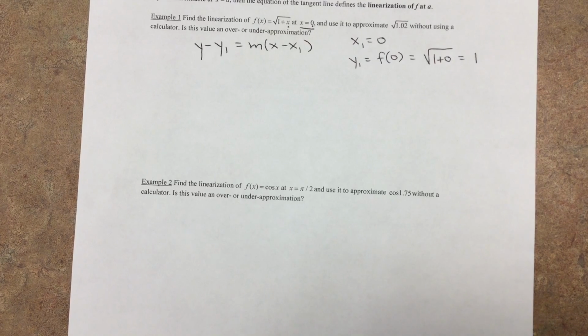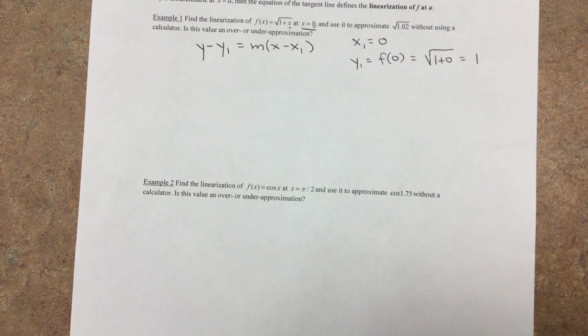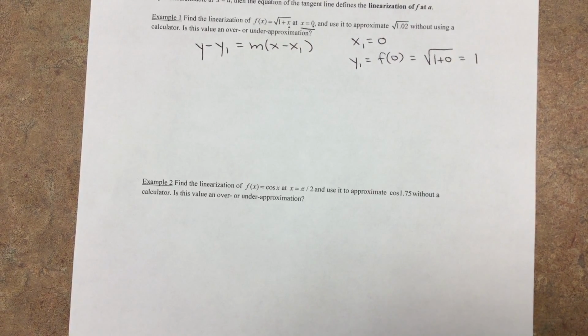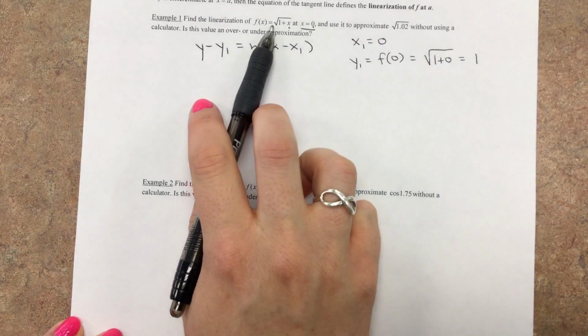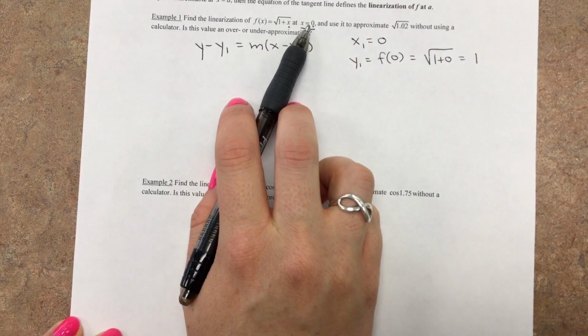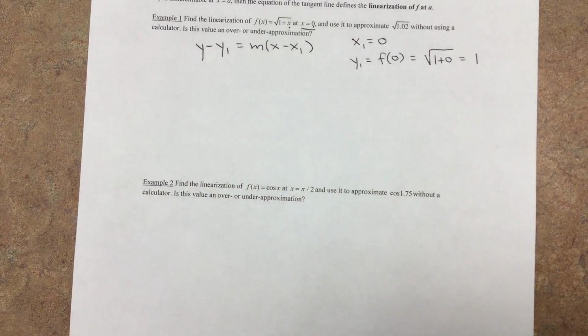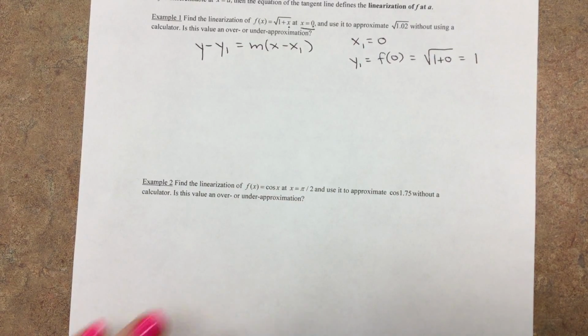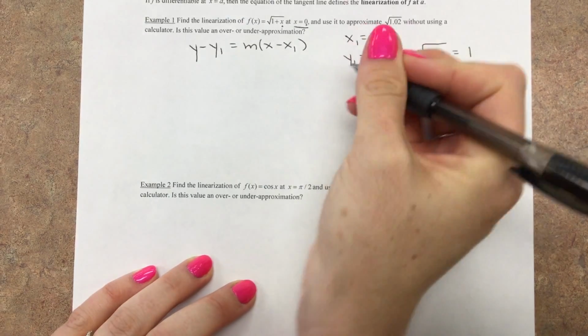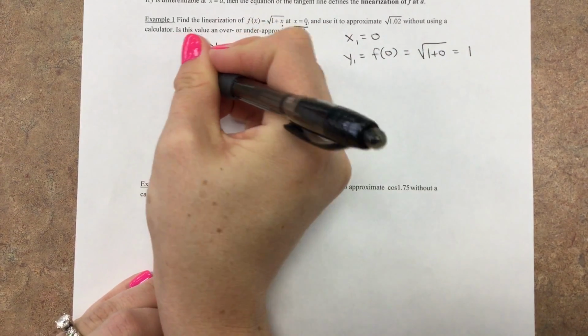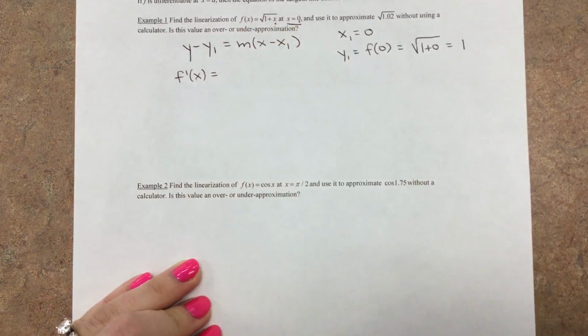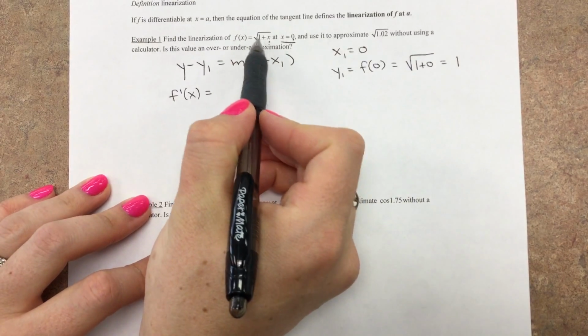And then for m, the slope at that point, remember we talked about how the tangent line and the curve share the same slope. So all we need to do is figure out the slope of this curve at this point, and that's the exact same slope that goes right here. When we're talking about slope, remember that means derivative. So if we want to find f prime of x, this is just a mini little chain rule.